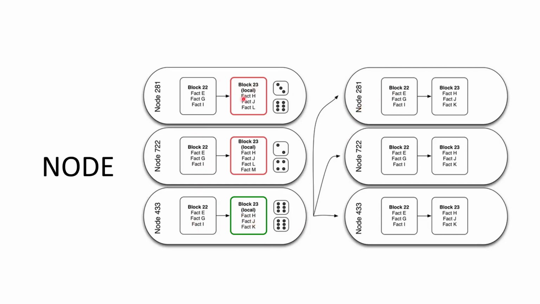Block 22, block 23 exist on all of the nodes. The facts, however, are slightly different because each of these nodes is processing transactions coming in from users. The individual miners that organize this network and run all these nodes are updating their nodes by processing transactions.